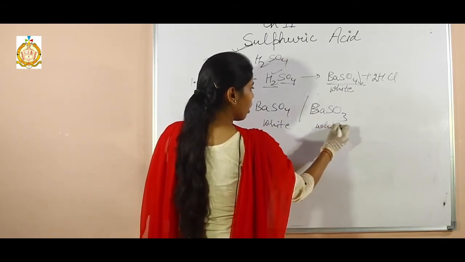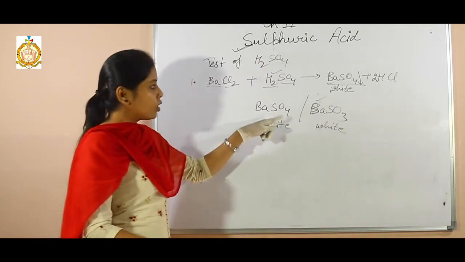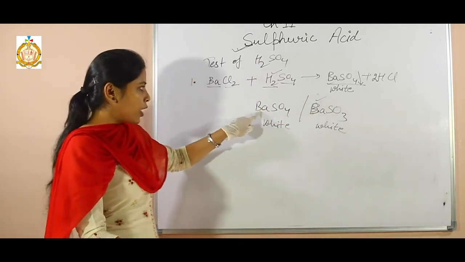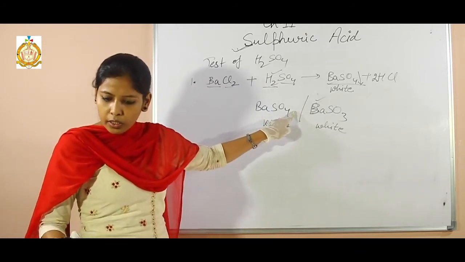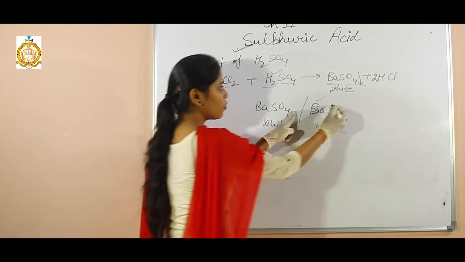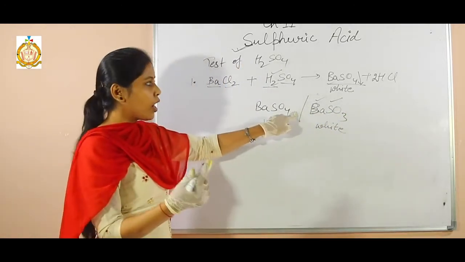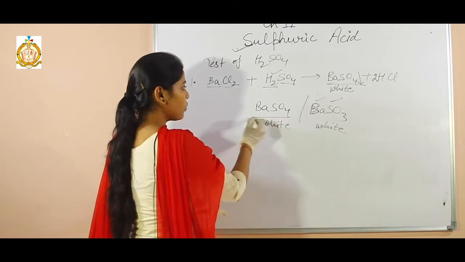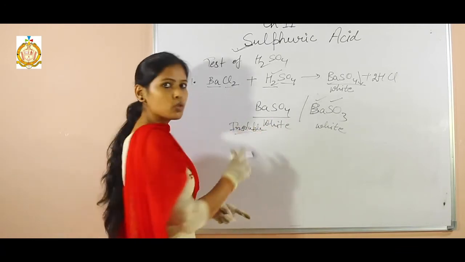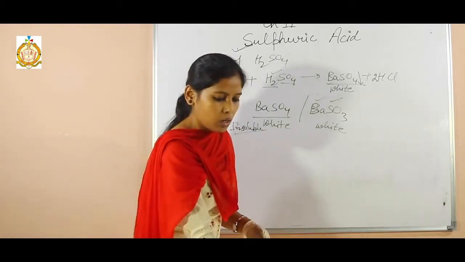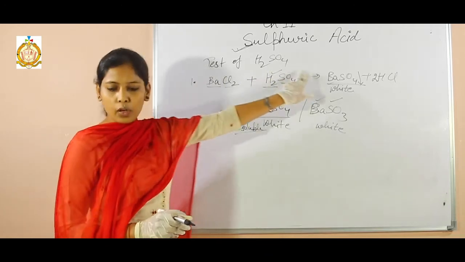Both are white, so this we also have to check. Barium sulfite dissolves in mineral acids such as nitric acid and hydrochloric acid, but barium sulfate is an insoluble precipitate. This way we can test for the presence of sulfuric acid.